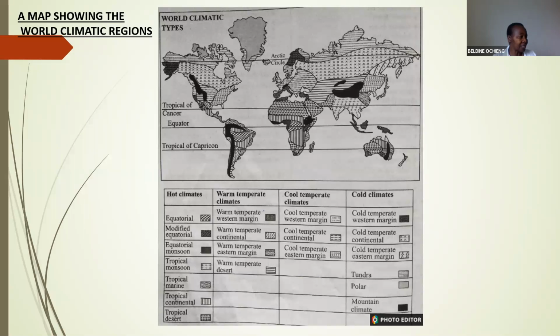So all these subdivisions are due to rainfall amounts, but the main hot climate is due to temperature. So very fast, we can peruse through.